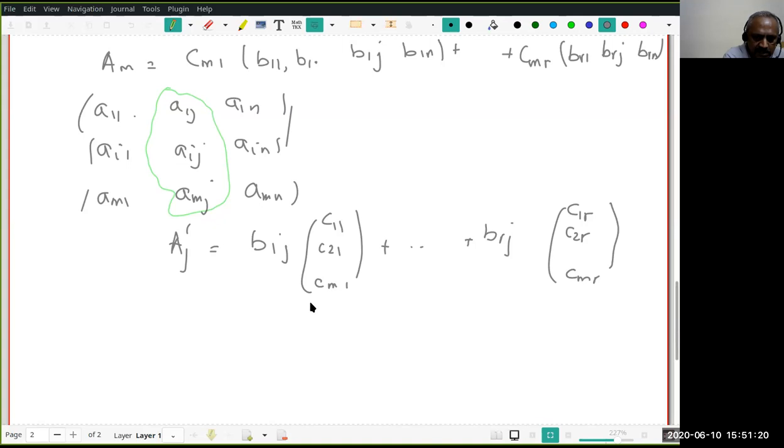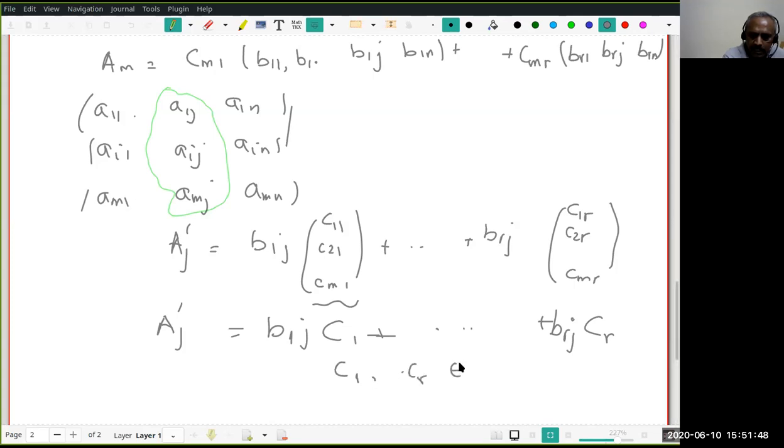Now, let us call this column vector capital C_1. This column vector is capital C_r. So what I have shown is the jth column of A is a linear combination: b_1j C_1 plus dot dot dot plus b_rj C_r. So these C_1, C_2, C_r, where do they live?